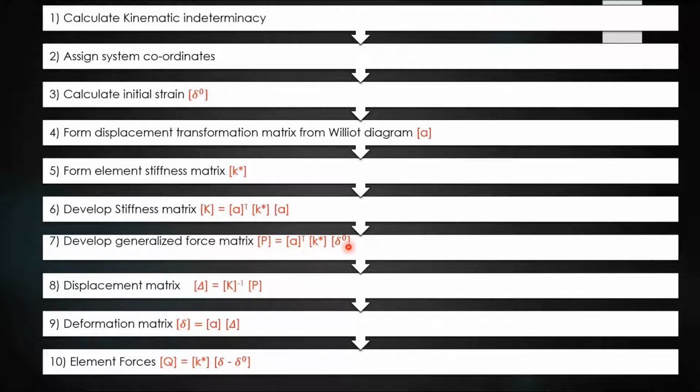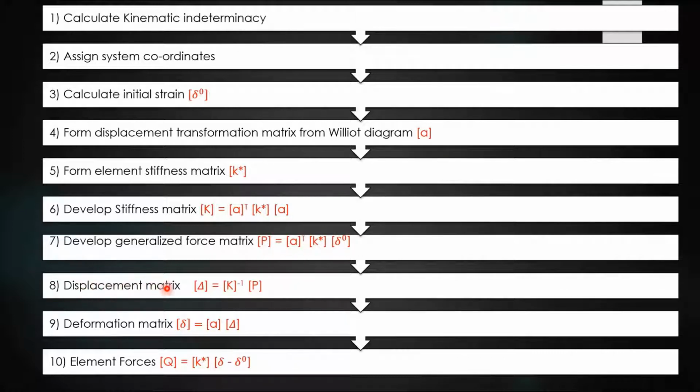For that, we have an equation: force matrix is equal to A transpose into element stiffness matrix into strain matrix. This strain matrix is obtained from step number 3, the element stiffness matrix from step number 5, and the displacement transformation matrix from step number 4. So we can calculate this force matrix using all these matrices.